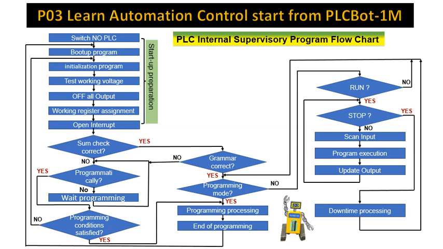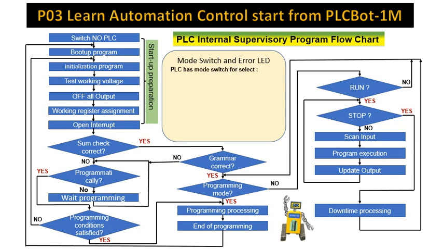Supervisory program flowchart. Mode switch and error LED. The PLC has a mode switch for selection. In run mode, the run LED lights up, executes the program and operates the process.